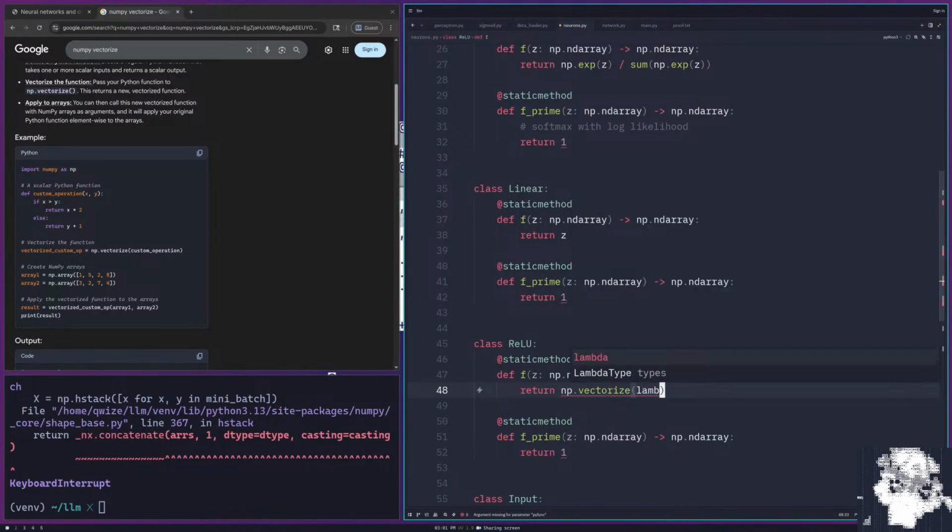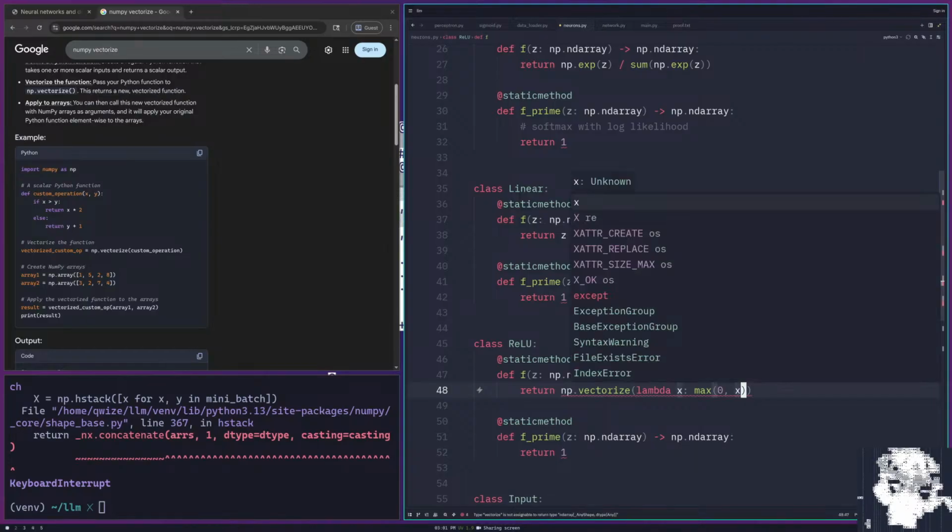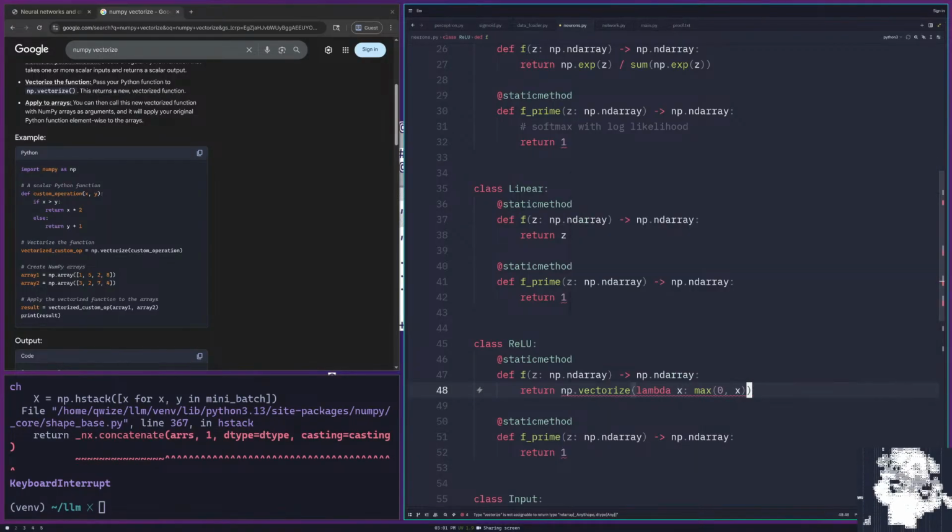np.vectorize lambda x is going to be the max of 0 and x, and we're going to apply that to z. No. This is the operation. And then you apply that to z, like that.